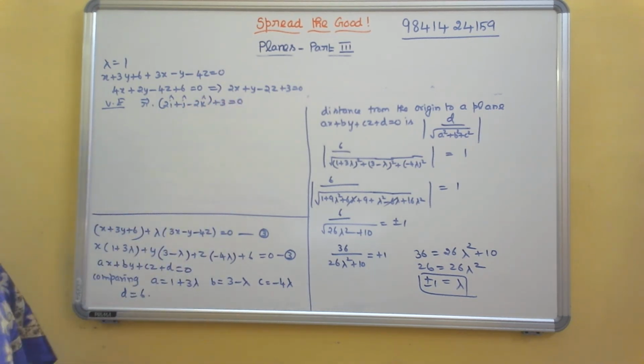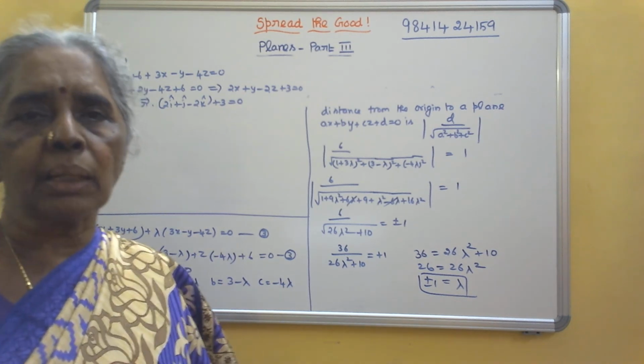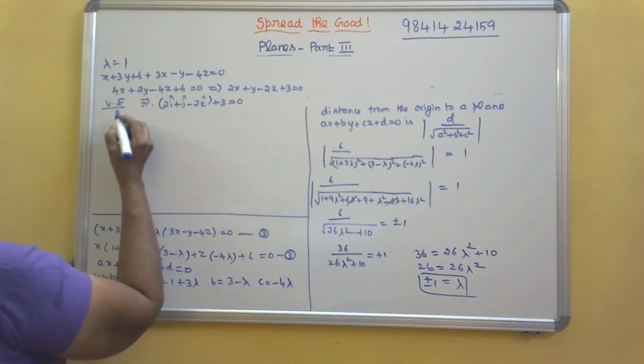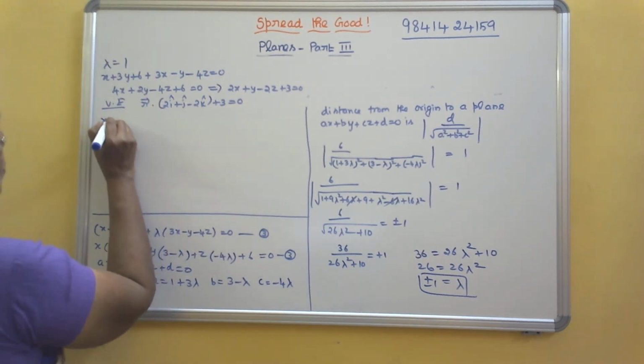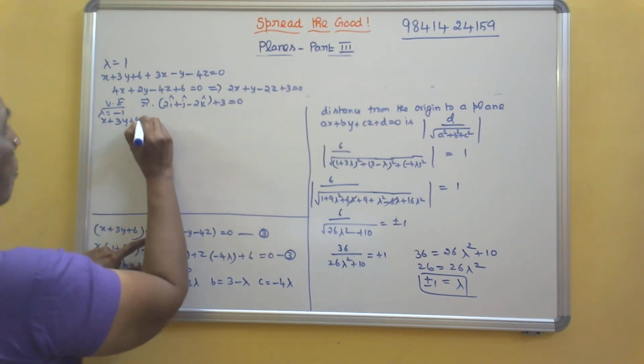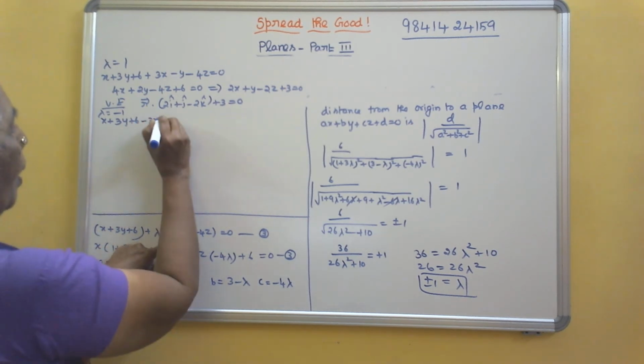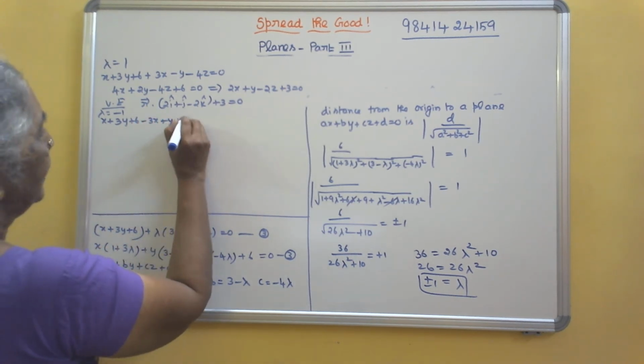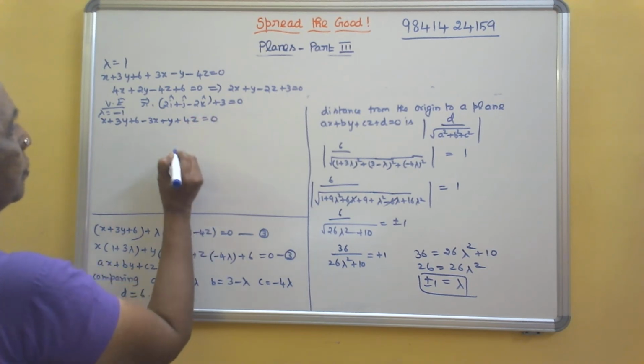Now I will put lambda is equal to minus 1. So now I will get x plus 3y plus 6, minus 3x plus y plus 4z is equal to 0.